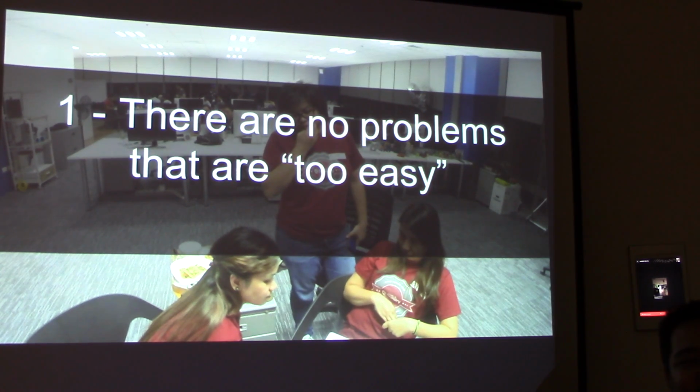When we were trying to figure out what problems we were going to put into the challenge list, we spent weeks just trying to figure out what the problems were because we didn't want it to be too easy, and then we ended up getting problems that were too hard.